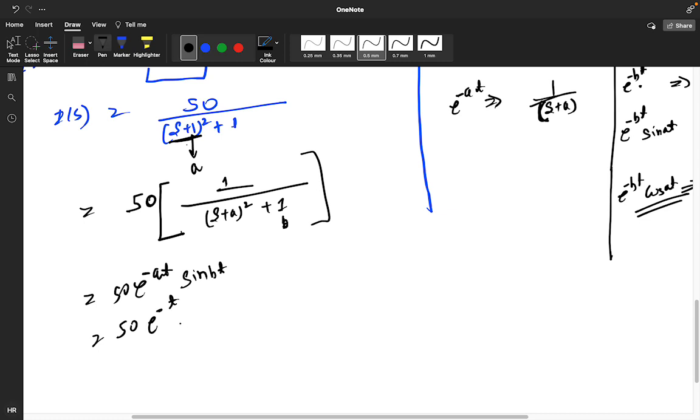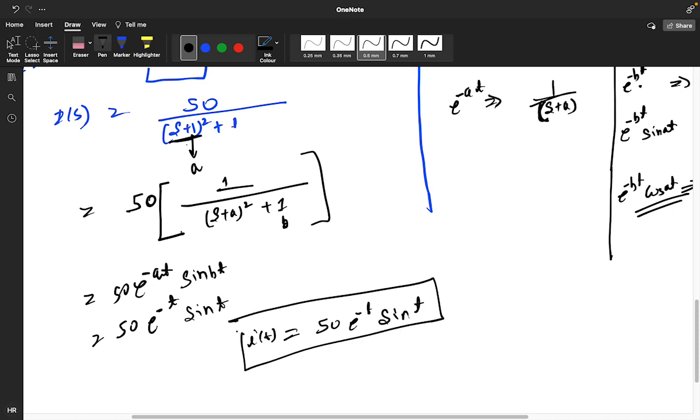A is t, and b is 1, sine t. So you will get 50 e power minus t sine t u of t. Is this clear, Priyanka? Is this clear for you? Yes, sir. Okay. If it is clear, then it's fine.